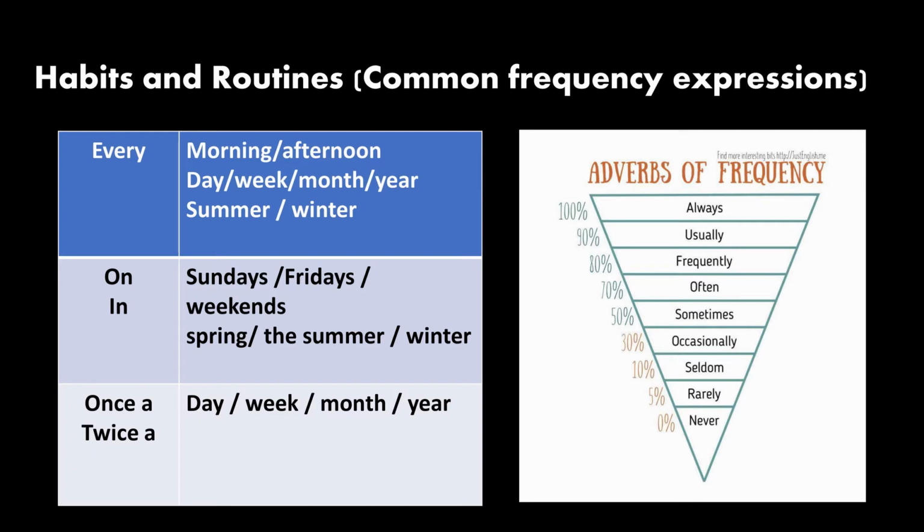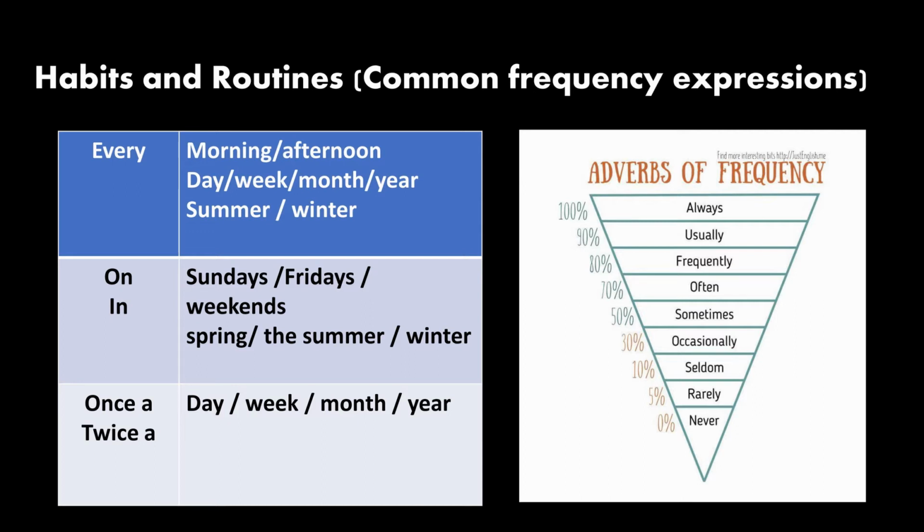The word every, for example, is very common in phrases like every morning, every afternoon, every day, every week, every month, etc. I drink tea every morning. Another example is they go to Mexico on vacation every year. You can also use prepositions like on or in.